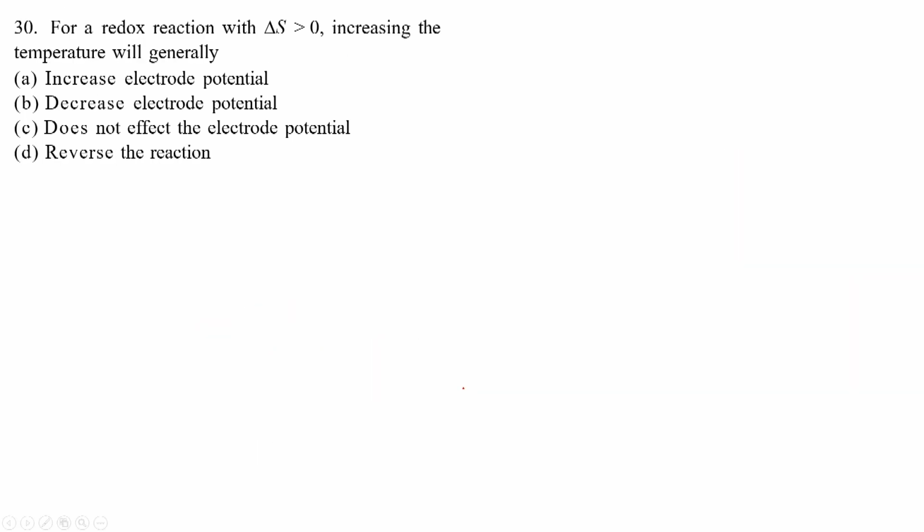Number 30 says: for a redox reaction with delta S greater than 0, increasing the temperature will generally increase electrode potential, decrease electrode potential, not affect the electrode potential, or reverse the reaction. Okay, which one will be the correct option? Let us see. We know delta G naught is minus nF E naught cell, right.